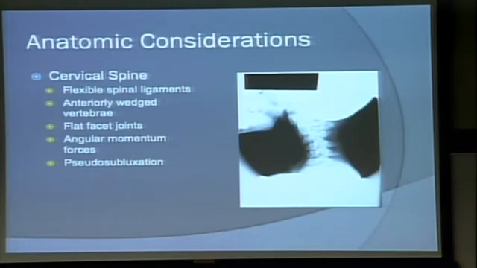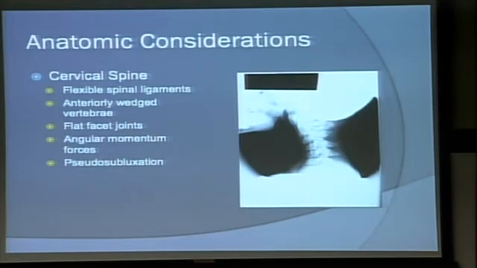Cervical spine, very flexible. The ligaments are extremely flexible. There's a little anterior wedging of all the vertebra compared to adults. They come up as you get older. Flat facet joints, which makes them a lot more mobile and a lot more likely to sublux, to slide off each other.